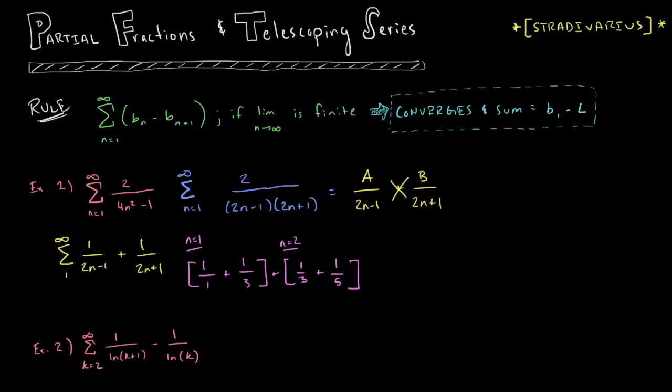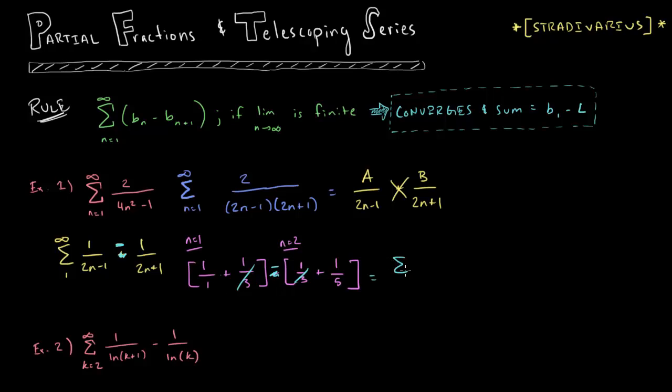Actually, this should be a minus 1 over 2n plus 1, so that becomes a minus. So now, as you can see, if you subtract 1 over 3 from 1 over 3, those are going to cancel out.